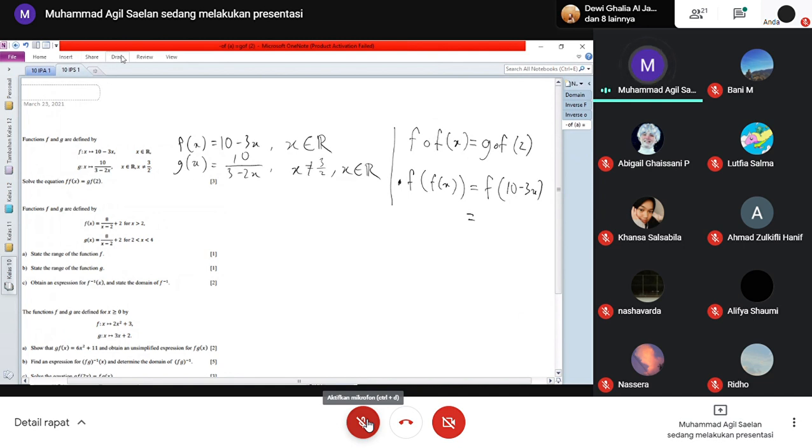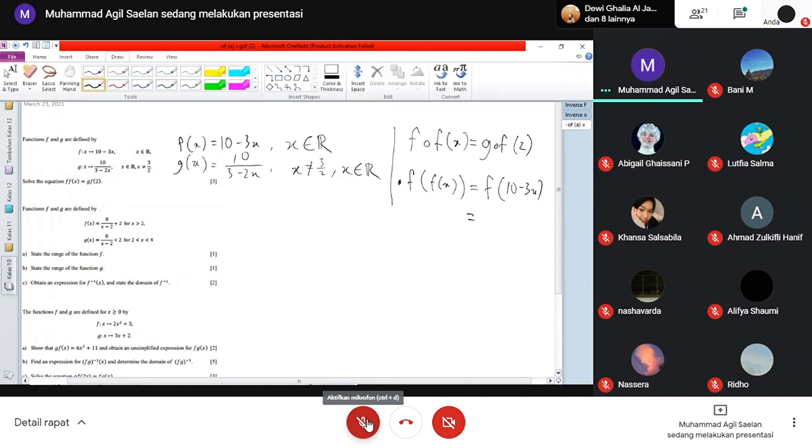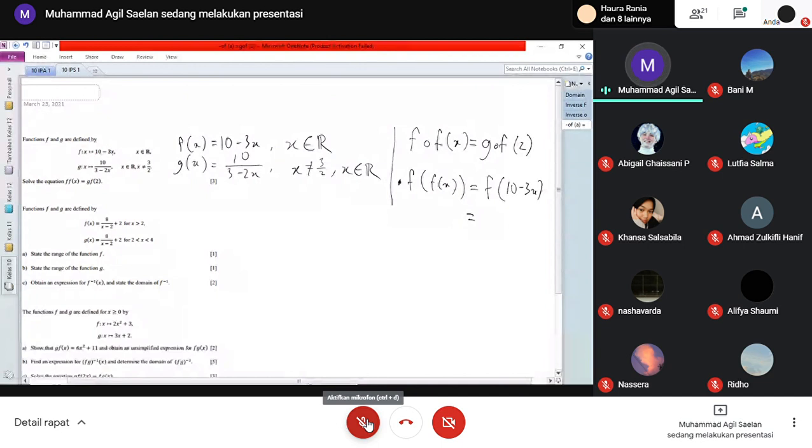As you can see, this is 10 minus 3 times x, and then we substitute x with 10 minus 3x. So what will we get?